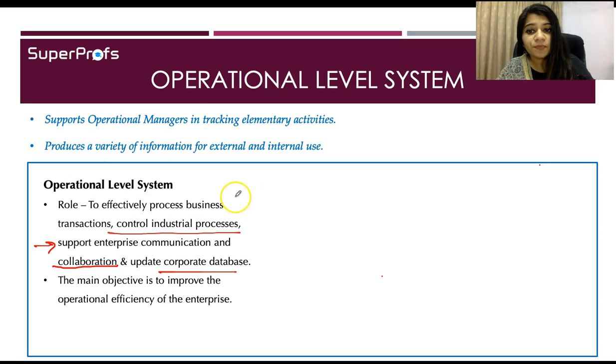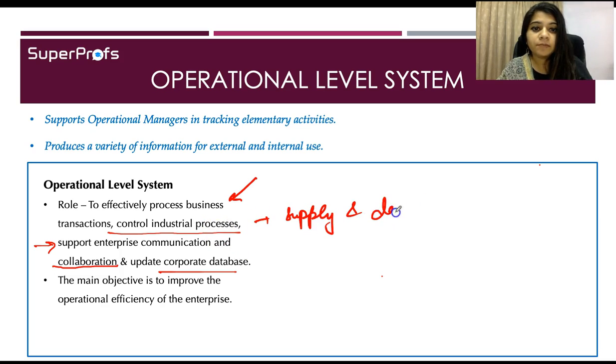Okay, so to effectively process business transactions, to control industrial processes like your supply and demand, to support enterprise communication and collaboration, and to update the corporate database.